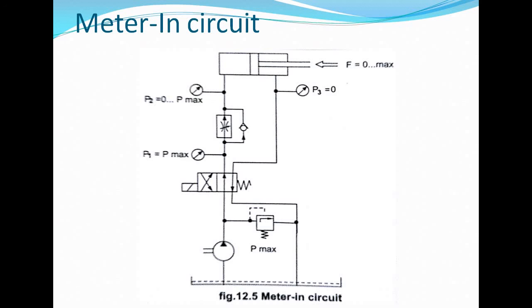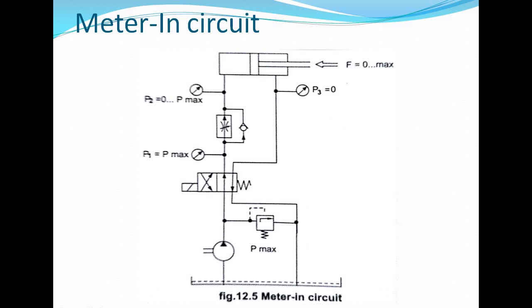So whatever oil is coming from the reservoir, we are metering or controlling it. The oil has to pass through this throttle valve, it will not pass through this check valve. So this is how we are metering the oil coming into the circuit. And on the other hand, the piston will start moving in the backward direction.